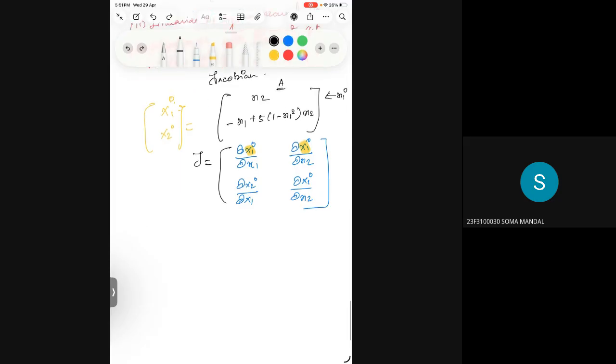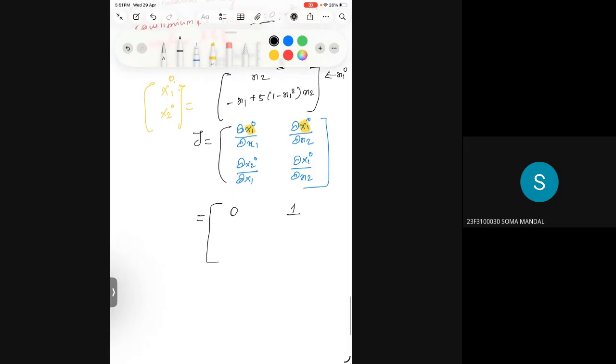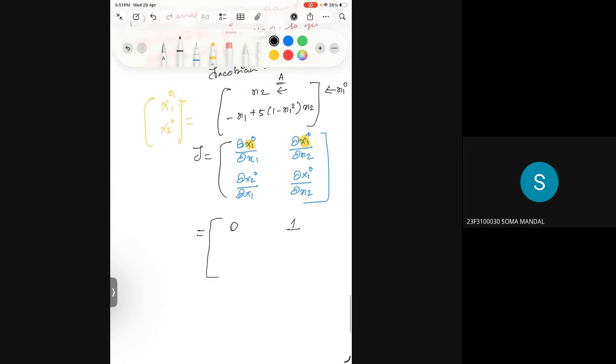Okay. So if I differentiate x1 dot, there is no x1 value, so it will be 0. If I differentiate x2 dot, it will be 1. This should be x1. Yes, ma'am. Okay, fine.